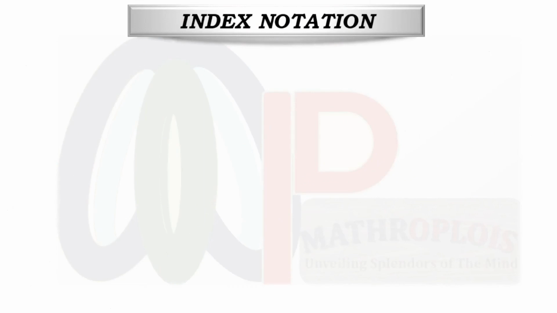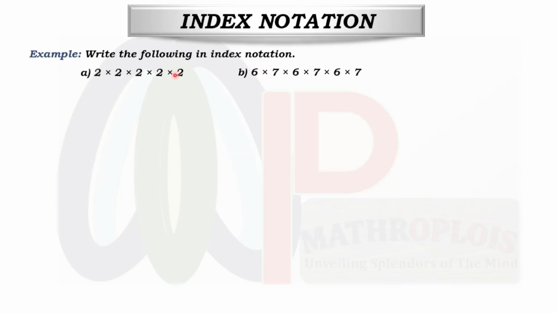Let us now solve some examples for our better understanding and clarification. Example: write the following in index notation. Part A is 2 multiplied by 2, multiplied by 2, multiplied by 2, multiplied by 2.